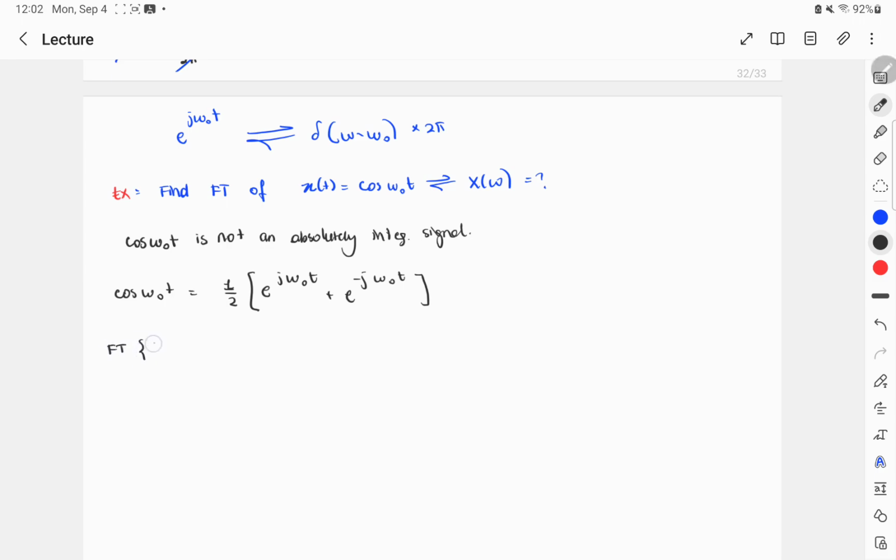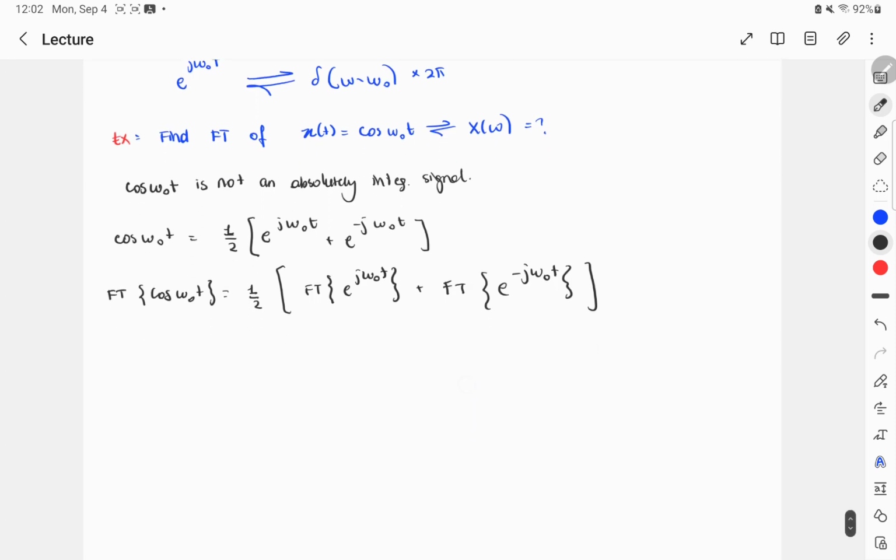Fourier transform of this, and then the Fourier transform of this expression. Now let me do it like this, using the same notation overall. And also the Fourier transform of the last item, right?